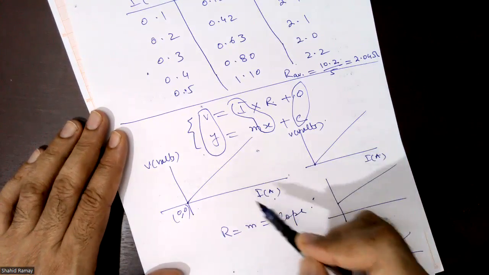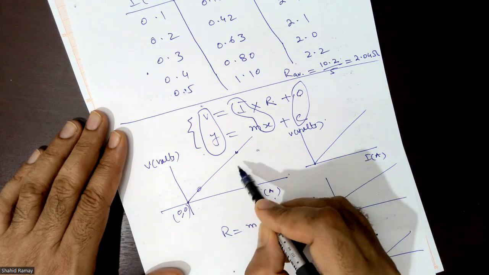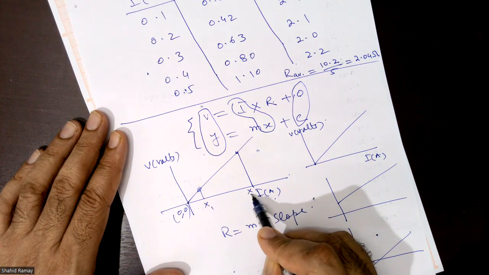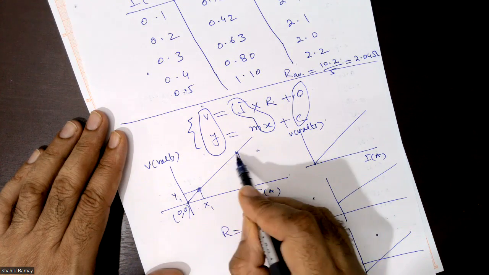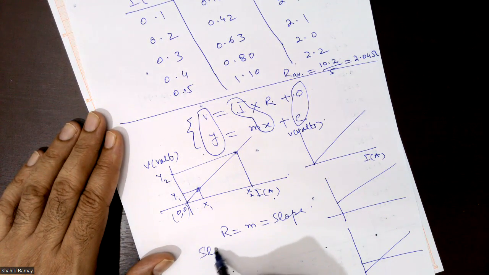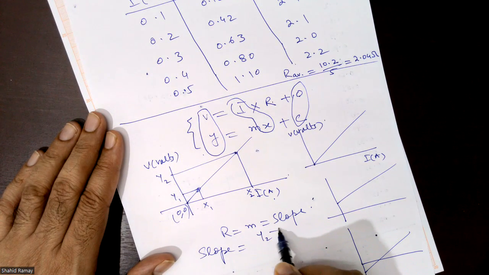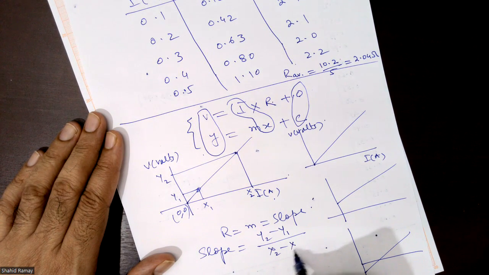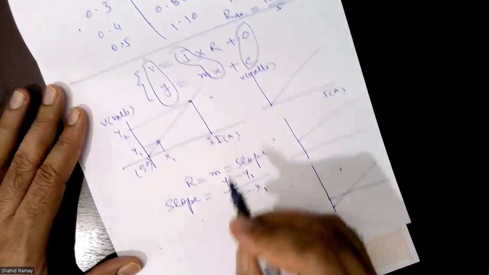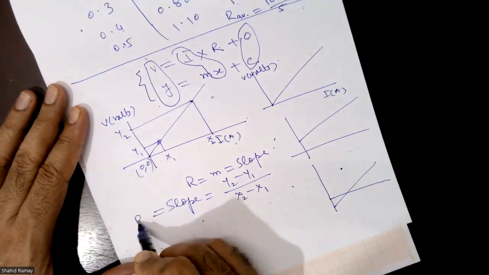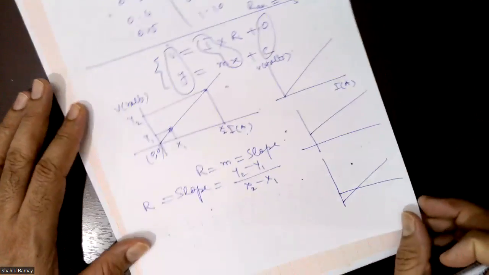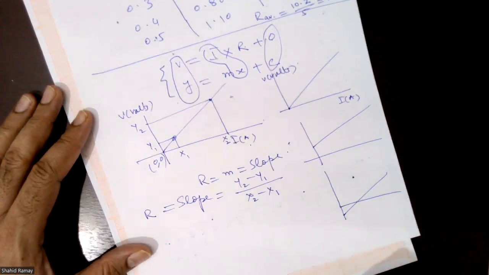So you can take the slope by taking 2 points on the line, like this one, and this is your x1, this is your x2, this is your y1 point, and this is your y2. So slope is equal to y2 minus y1 over x2 minus x1. In this case, our slope is your R value. So now we want to find this R value from our slope or from our graph.